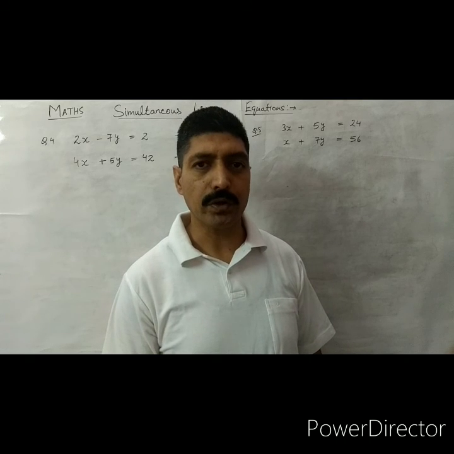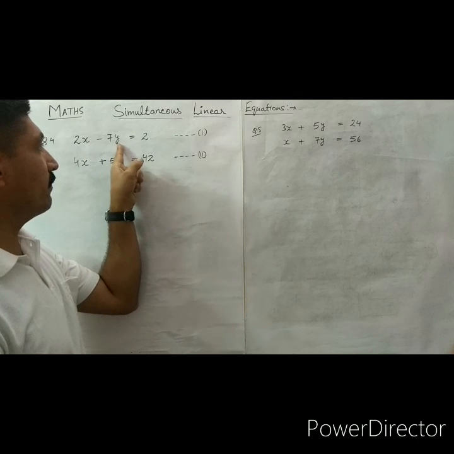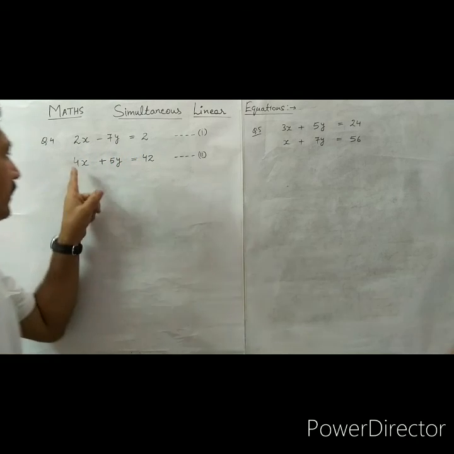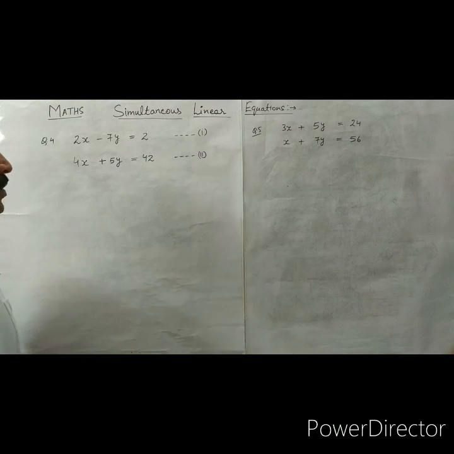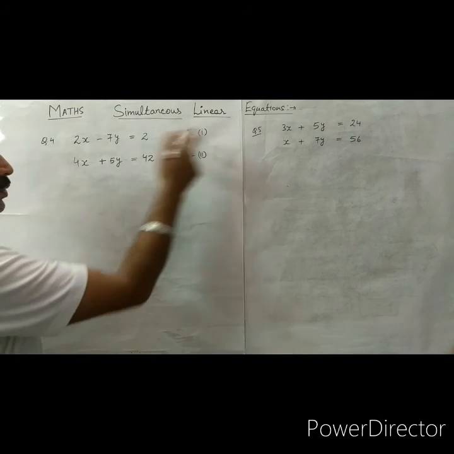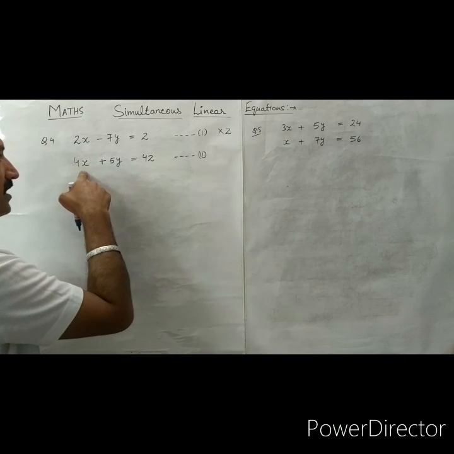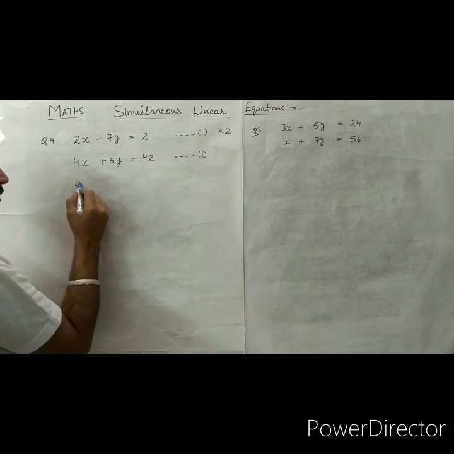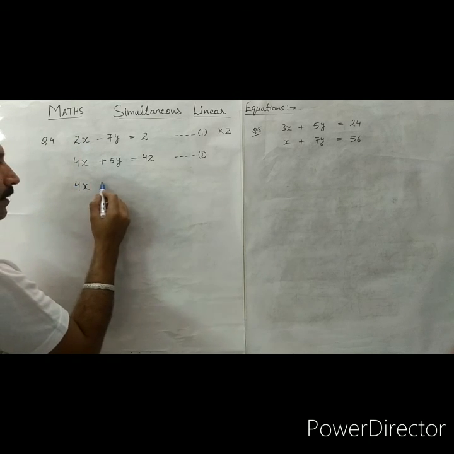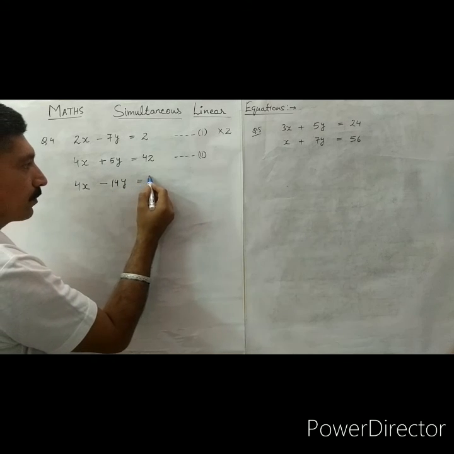Question number 4. Here 2x minus 7y is equal to 2 and 4x plus 5y is equal to 42. So here we can multiply equation 1 by 2. We can eliminate x. So the first equation will become 4x minus 14y is equal to 4.